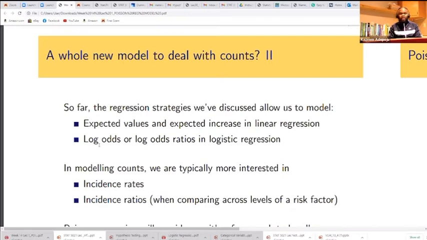But in a situation where the interest is now on the incidence rate or incidence ratio, when you are trying to look at the number of occurrences in a fixed interval of time, the incidence rate is going to surface. Therefore, since we're typically interested in the incidence rate of the characteristics of interest, we have to talk about modeling counts.